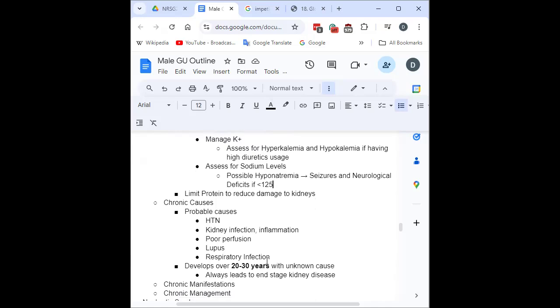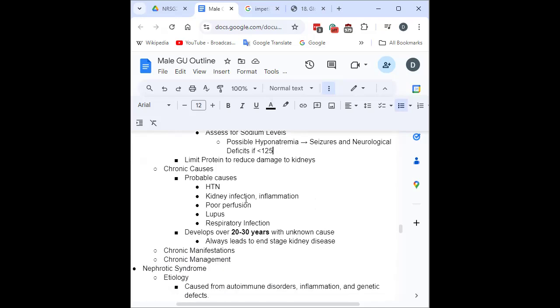And then for the sake of time, I just wrote down the causes. So for chronic, the things you're looking at are things that might cause kidney issues, like a kidney infection, inflammation, hypertension, lack of good perfusion, because remember your kidneys need good perfusion, or they complain.